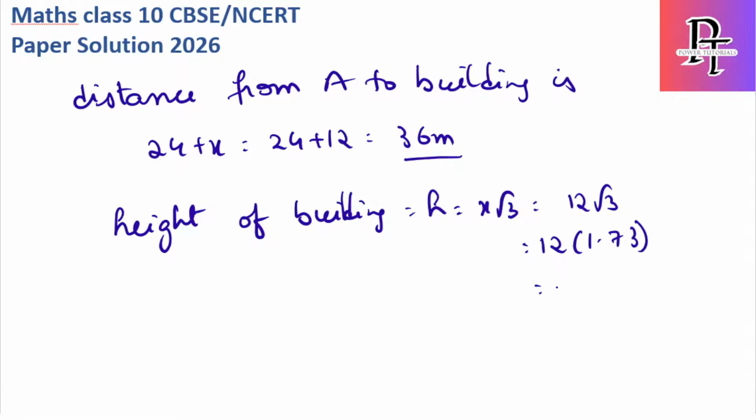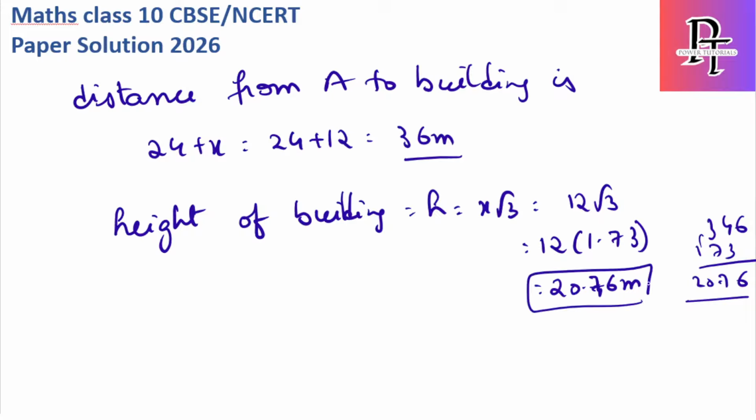Just multiply it: 2 3 is 6, 2 7 is 14, 1 2 1 is 2 3, and 173. So the answer is 20.76 meters is the height of the building. Two things: the distance from point A to B is 36 meters and the height of the building is 20.76 meters.